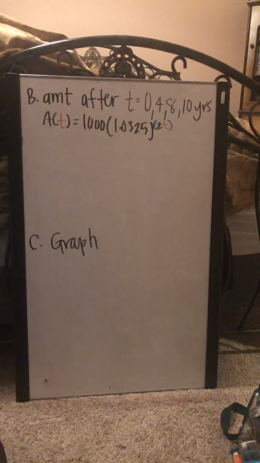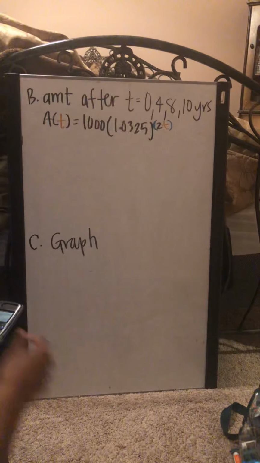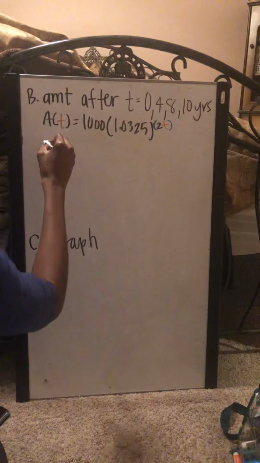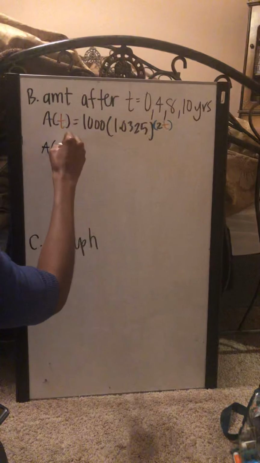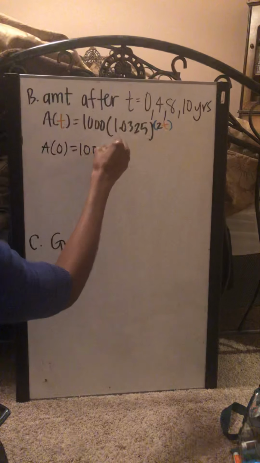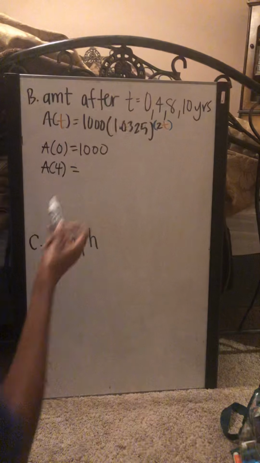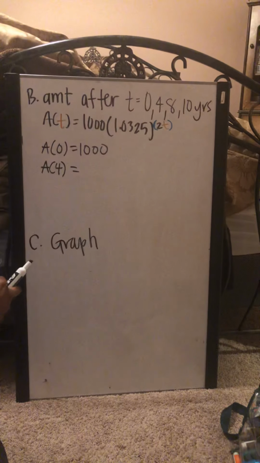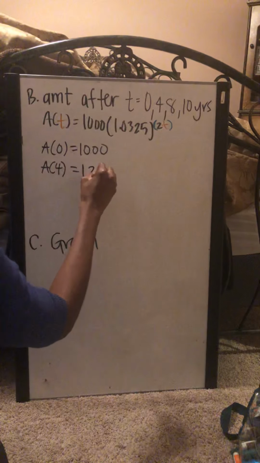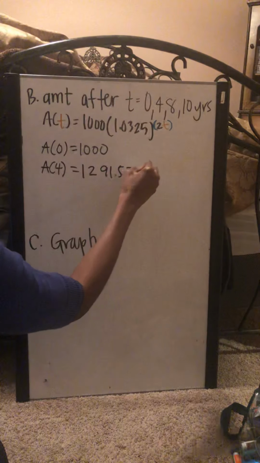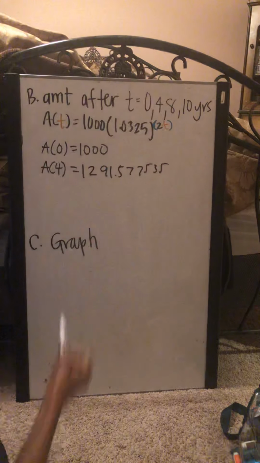Alright, so for the first one, if we plug in 0, we get 1,000, which makes sense because 0 time has passed and we only put in $1,000, so we'd have to have $1,000, okay? After 4 years, when we plug that into our calculator, we get 1291.5775 and so on.